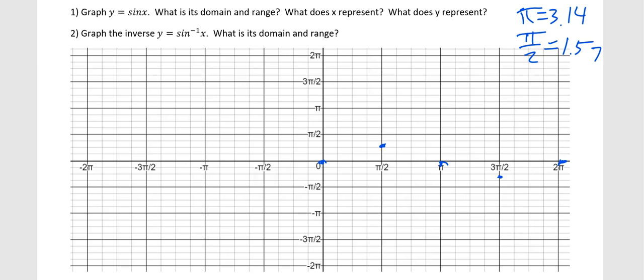And then I can find a matching image on the other side and then graph it. Does that make sense, the whole pi over 2?